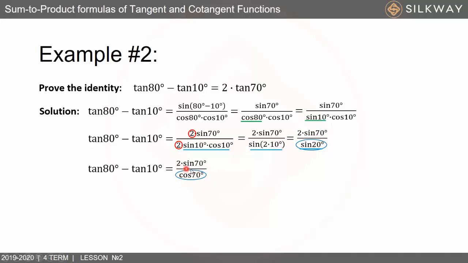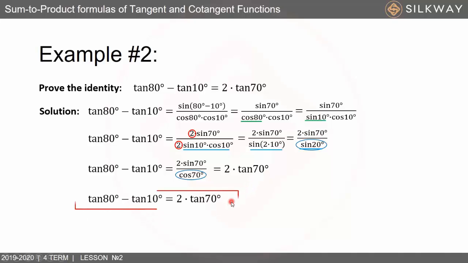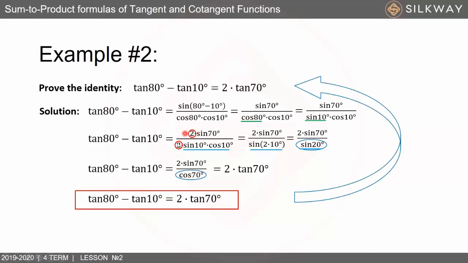And sine 70 degrees divided by cosine 70 degrees will be tangent 70 degrees. And from that, we proved that tangent 80 degrees minus tangent 10 degrees will be 2 multiplied by tangent 70 degrees. Okay.